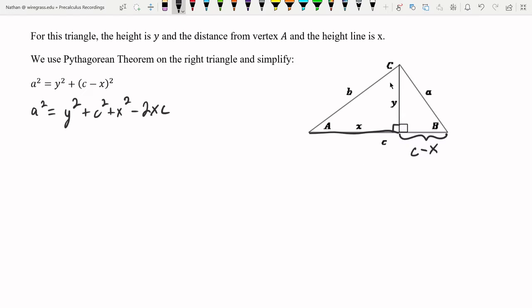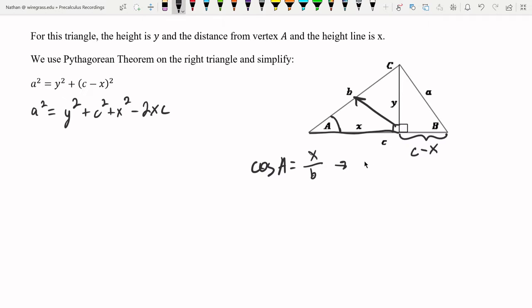I can't really do trig on this angle because this angle is not the full angle C. C is this full angle here, and that's not a part of this right triangle. So the only right triangle trig I really want to work with is this right triangle on A. So cosine of A is going to be adjacent, which is x, over the hypotenuse, which is b.